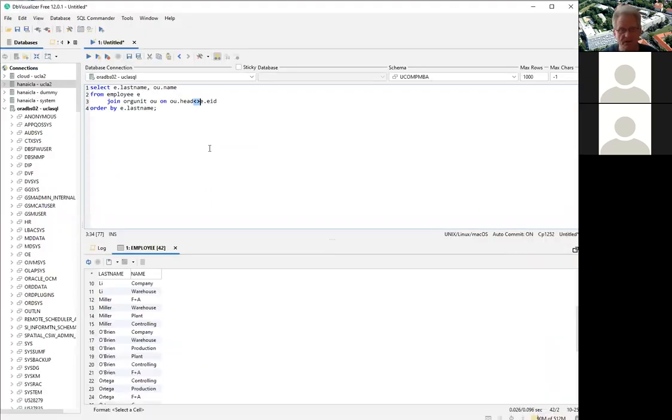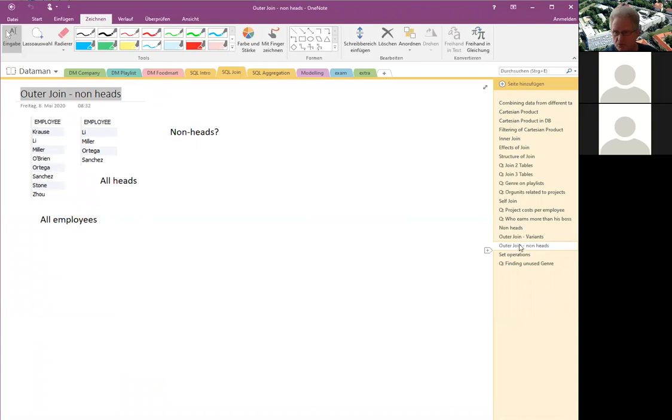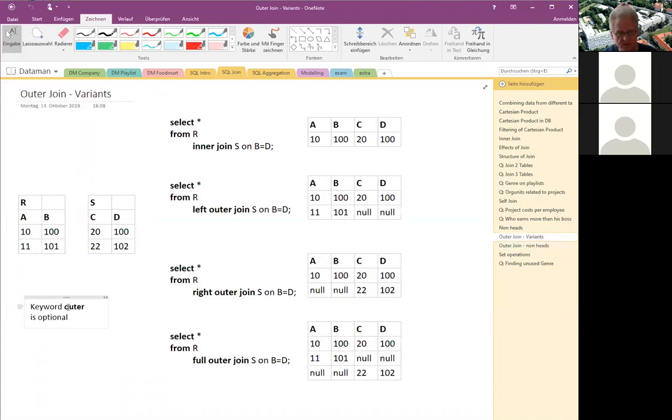Actually, we would like to see all employees. Maybe we can display all with the full outer join. Yeah, we could, but we don't need a full outer join since we only want to see all employees here, also the non-heads. A left outer join is okay. One thing I would like you to know is that the keyword outer is optional. I could just say left join, right join, and so on.